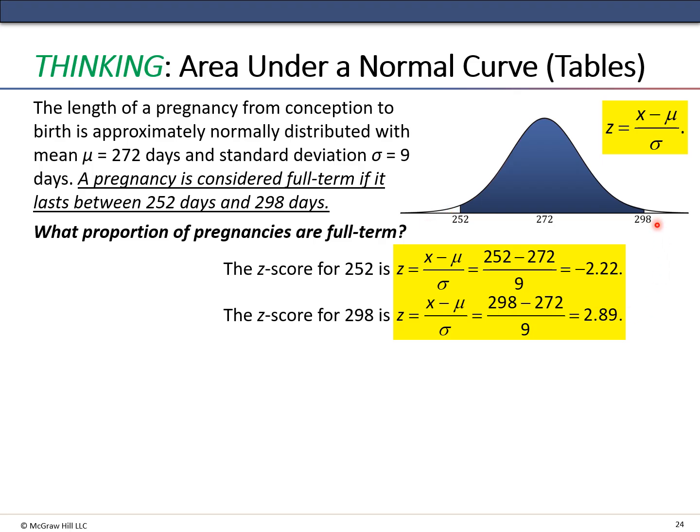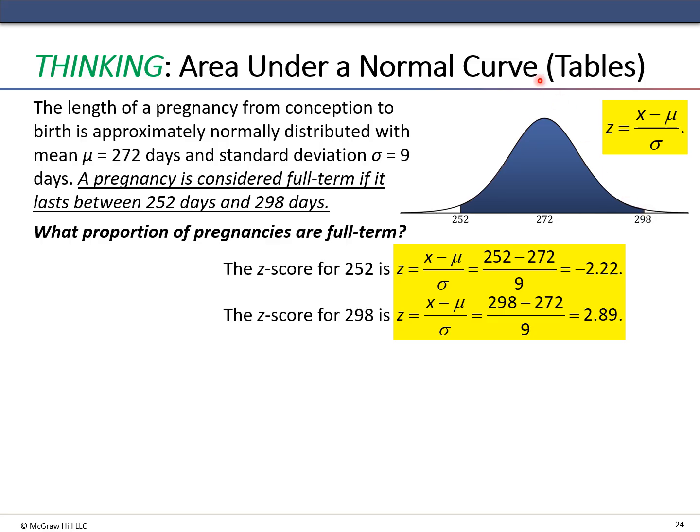So if we take the value from table A2 for 298 and subtract the value from table A2 for 252, which is just this little white triangle here, notice that we're getting the area between these two points.